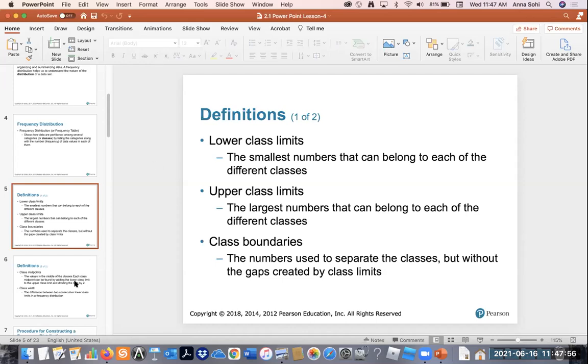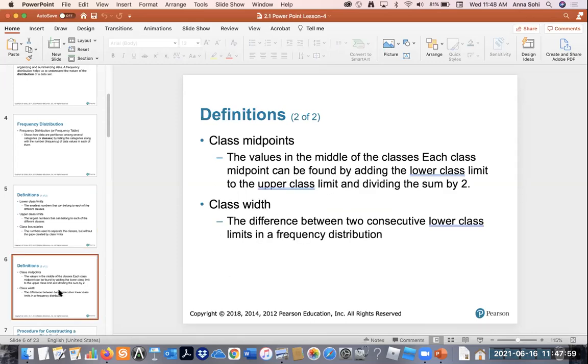And write the class midpoints. I will clarify the class boundaries as I'm teaching.